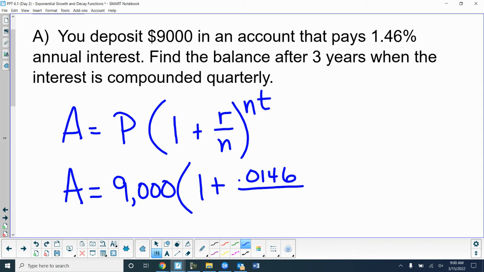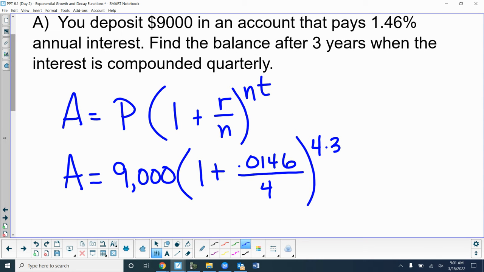Everyone okay with that? It said compounded quarterly, that's what N is, so N is what? 4. And then N times how many years? 3. Which I would just make a 12. You guys know what 4 times 3 is, right? So just put that in your calculator, and that's how much you have after 3 years.